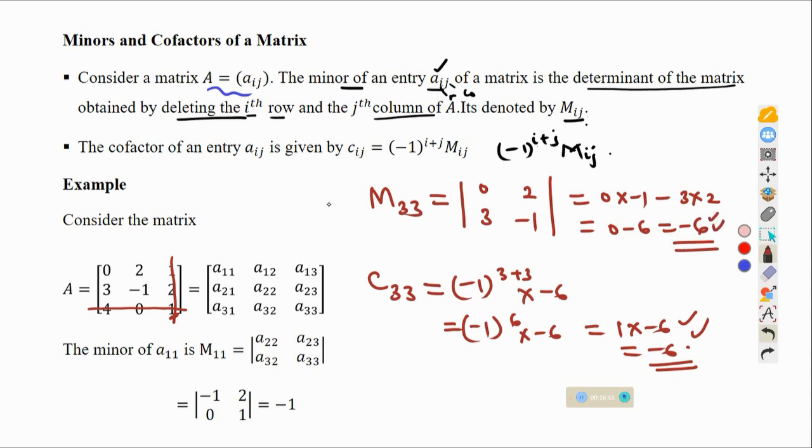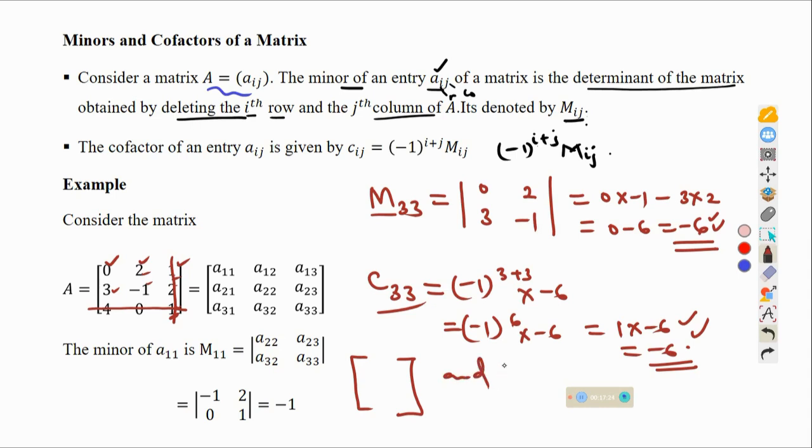So after getting the minors and the cofactors, you have got the minor of this, the minor of that, and so on for each entry. So make a matrix of minors. If you are required to get the minor matrix, then place the minor corresponding to each entry where that entry is, and form the matrix of minors.